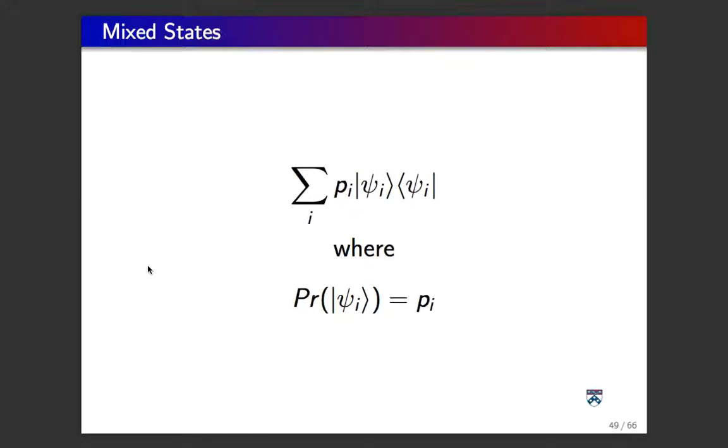So if I have some distribution over quantum states where every quantum state psi_i has a probability p_i associated with it, then I build a density matrix representing this distribution simply by summing over them multiplied by their associated probabilities. This gives me a very nice, concise representation of a quantum state.